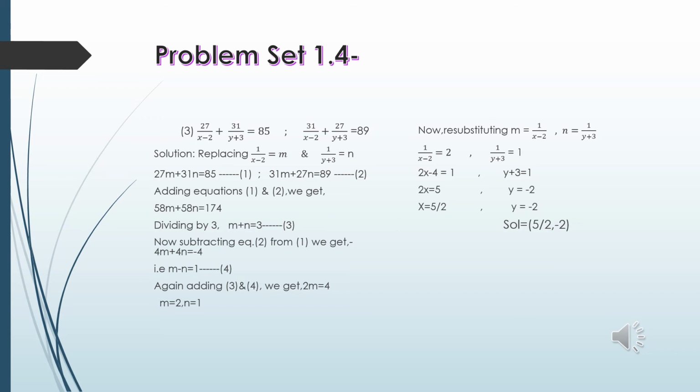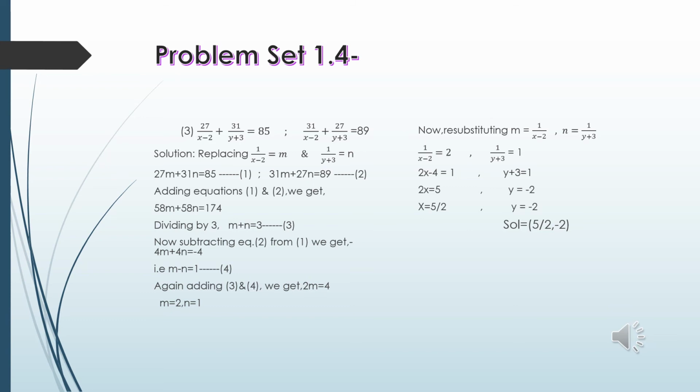The variables m and n have the same coefficient, that is 58, and the constant term 174 can be written as 58 into 3. So divide the whole equation by 58. We get m plus n is equal to 3. Call this equation 3.